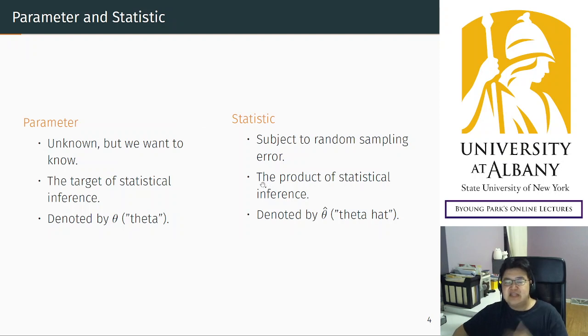So this is the answer, the product, the result of a statistical inference. We are going to estimate theta by a statistic, which is usually denoted as theta hat. We put hat on top of the parameter. So usually hat is the counterpart, the statistic counterpart of the parameter, or usually the estimator for the parameter.